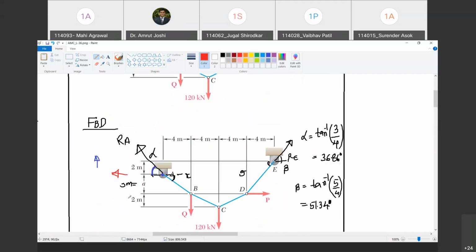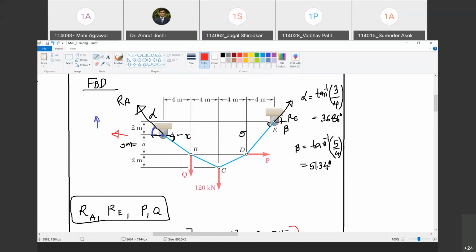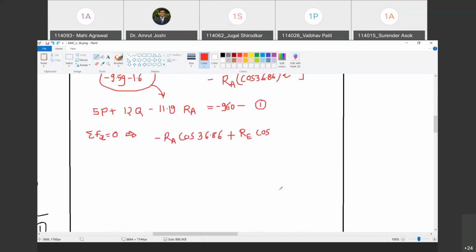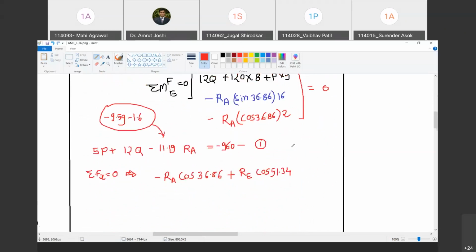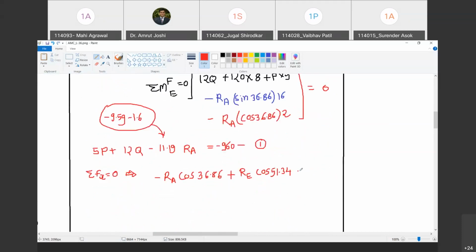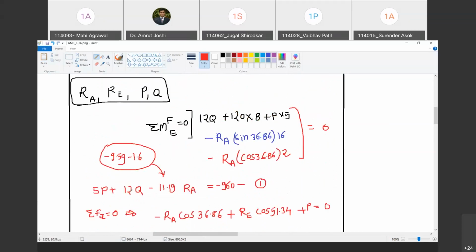Minus RA cos 36.86 plus RE cos 51.34. Happy? Yes, sir. Plus RE into cos of how much? What was the angle? 51.34. And what else? Plus P has to be equal to 0. Do you agree with me?